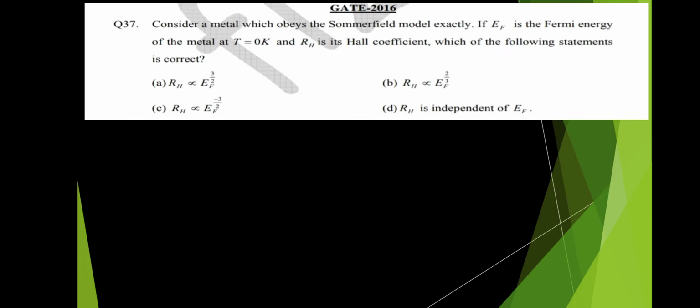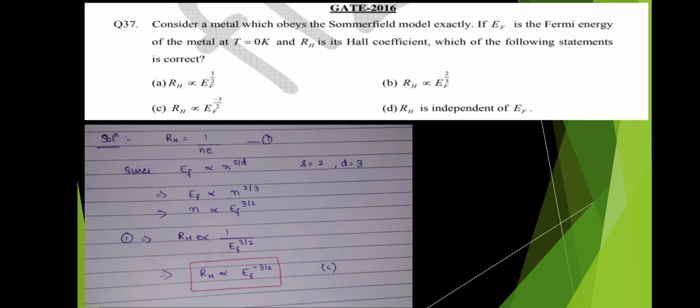Now this question is of GATE 2016, where you have to find out the Hall coefficient dependency on Fermi energy. As we know, the Hall coefficient is 1 upon n e. Again repeating that EF is proportional to n raised to power s by d.